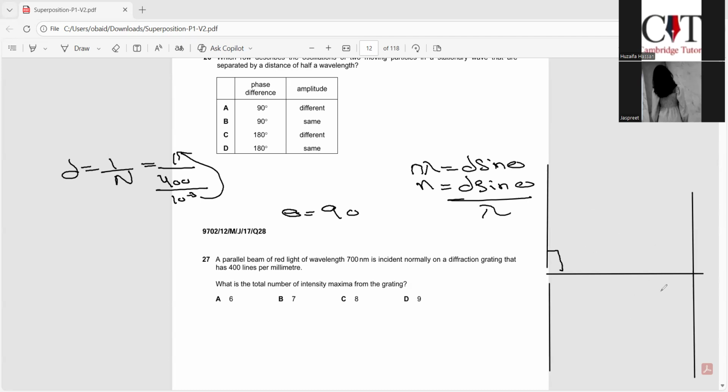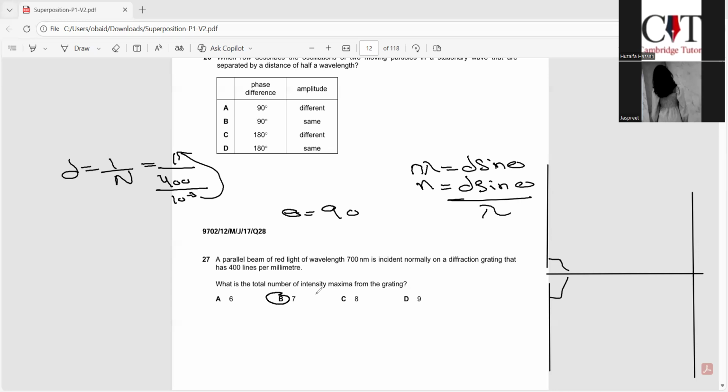If there are 3.57 lines here, obviously here there would be 3.57 maxima as well. Yes or no? Yes. So the answer you got is of only one side, the lines above the center bright fringe. Now you have to take lines downwards from the center bright fringe as well. So just multiply 3.57 by 2. So the answer would be 7. Sorry, part B, 7 is your answer.